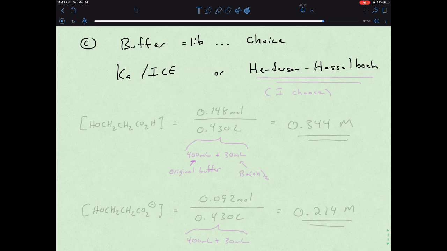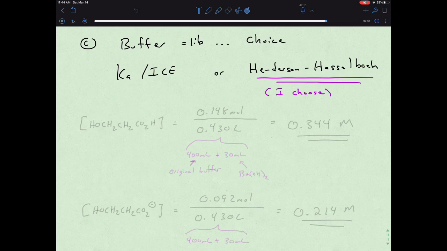And I'm choosing the Henderson Hasselbalch. Either is valid, right? Whatever you feel more comfortable with. If you feel really comfortable with the ice tables, go ahead, do the ice table and do everything that we've done in the past, following the example we have above in this lecture. Or like I used in that example earlier, we could just use the Henderson Hasselbalch.